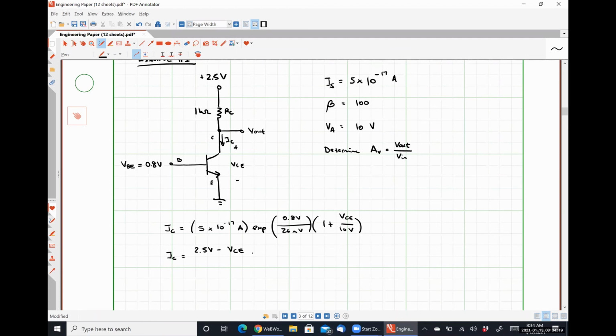VCE is the same thing as V out, so it's the potential at the bottom side of the resistor. We divide that by the resistor value of 1 kilo ohm, and we now have two equations that we can set equal to each other and solve for VCE and IC. So take out your calculators and go ahead and do that for me.